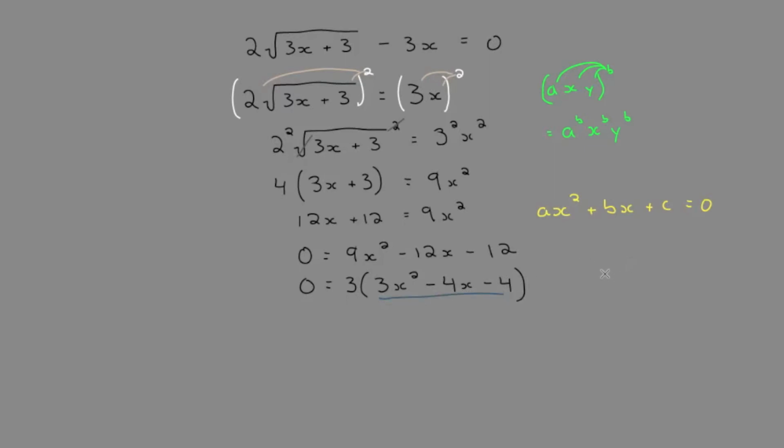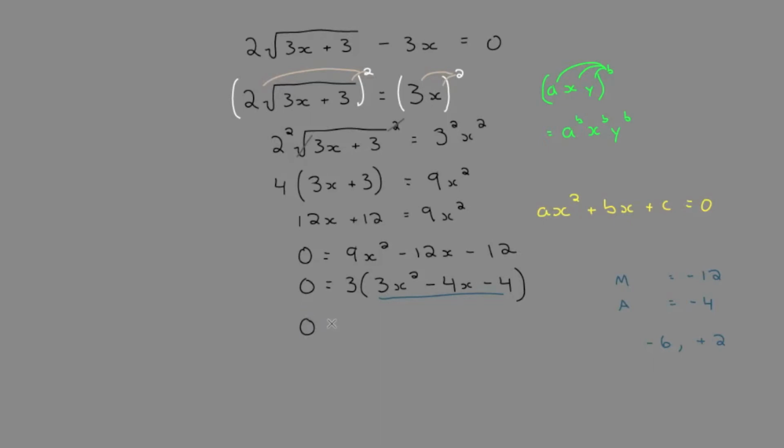So remember, with factoring, we have to find two numbers that multiply to give us negative 12. We get negative 12 from 3 times negative 4, and that add to negative 4. So we might be able to see that this would be a combination of negative 6 and positive 2.